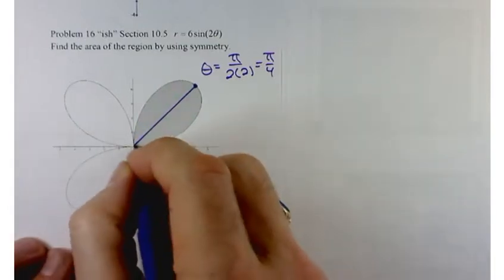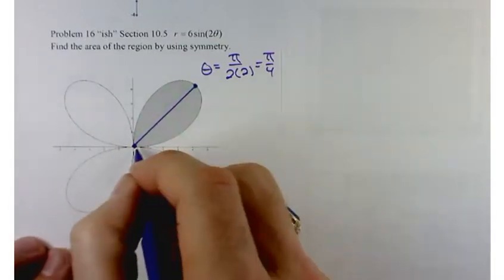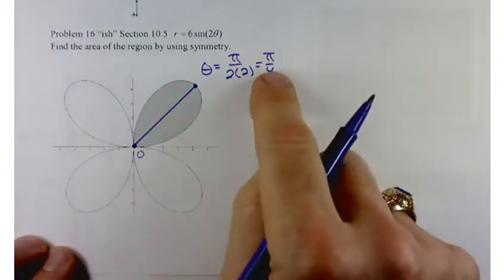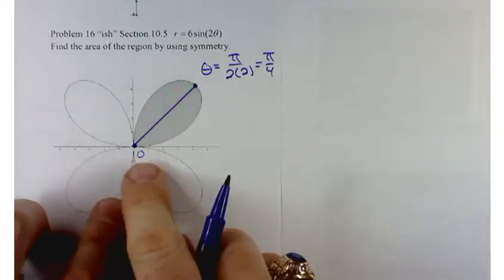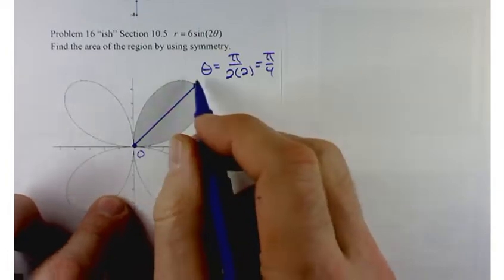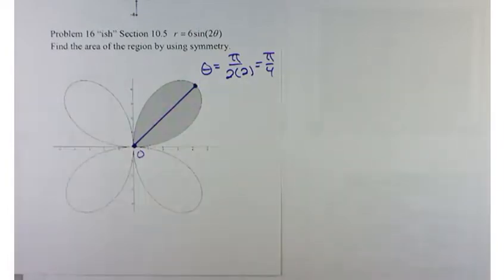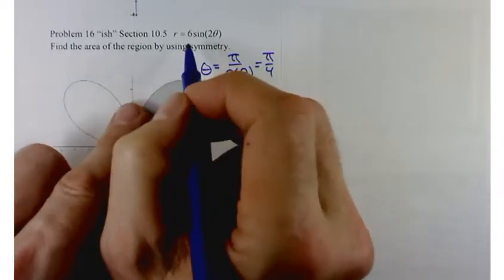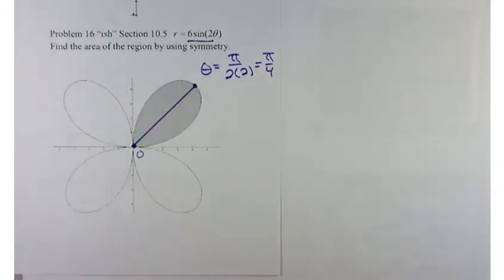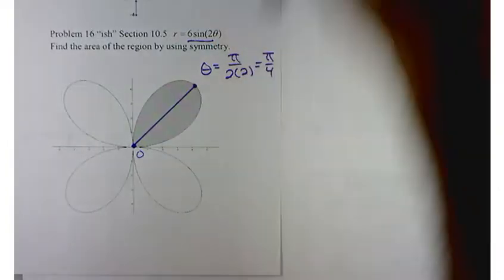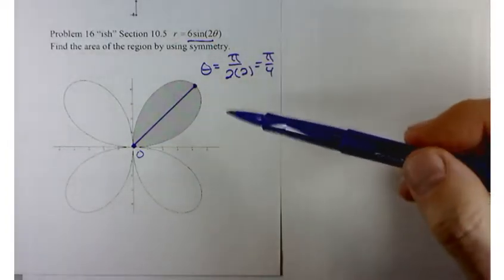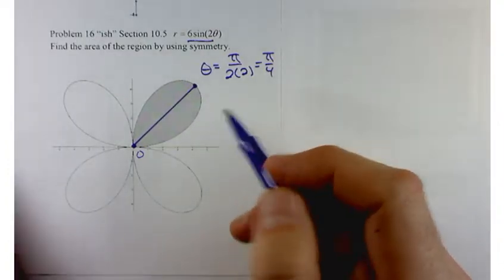The graph of a sine function like this starts out at 0. So what we've come up with is our limits. Our limits are going to go from 0 to pi over 4. And then we're going to integrate this squared. So that's where I'm going to begin my calculation. But do you understand our plan? Okay.